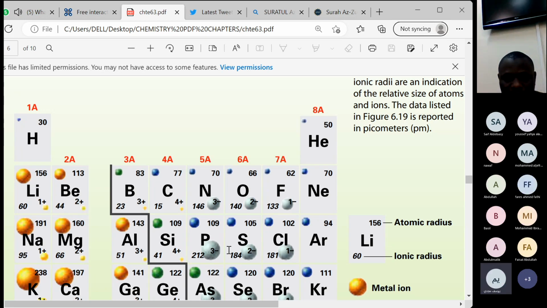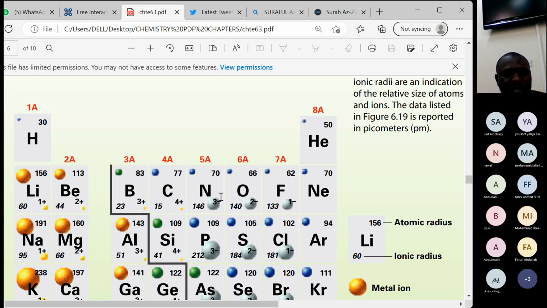What is a cation? A cation is a positively charged ion. A positively charged ion is formed when an element loses electrons. A negatively charged ion is called an anion. It is formed when an element gains electrons.